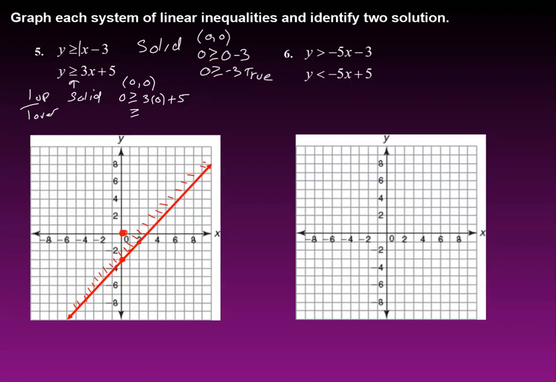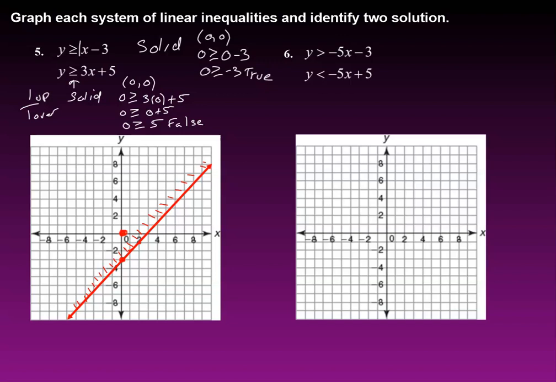Well, 3 times 0 is still 0, and 0 plus 5 is just 5. So this time it says 0 is greater than or equal to 5. And that is false. It is not greater than or equal to 5. So therefore we will shade the side without 0, 0. And we'll do that in just a minute.